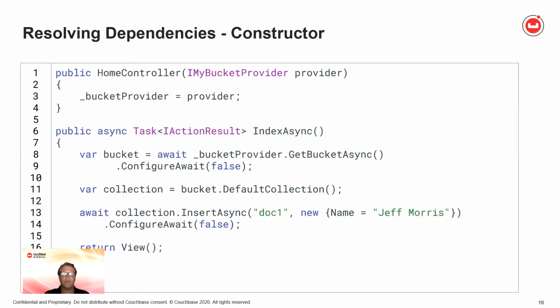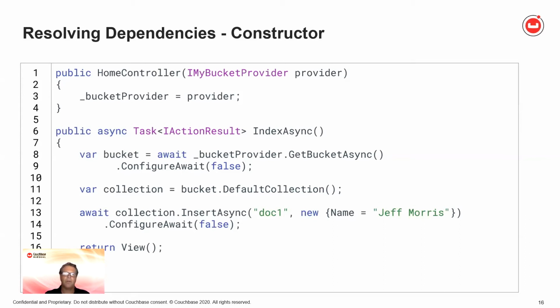Now, in your controllers, you need to resolve these dependencies. To do so, you simply add the IBucketProvider interface to the parameter list of your constructor, and then assign it to a private field. Now, on line 6 in IndexAsync, we're going to use that bucket.